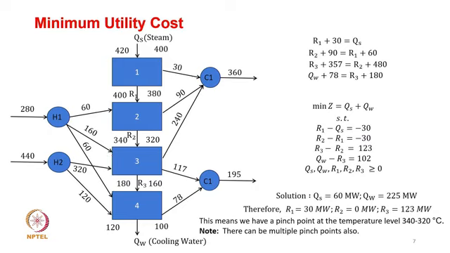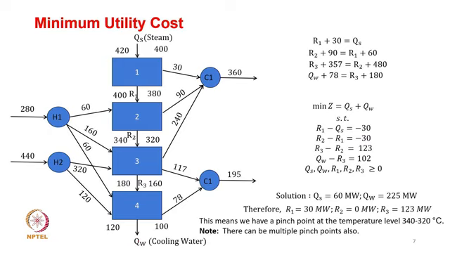And finally your interval 4, wherein you have QW plus 78 on one side and R3 plus 120 plus 60, 180. So this is the balance that we need to achieve. We are interested in minimizing QS, which is the hot utility, and QW, which is the cold utility.